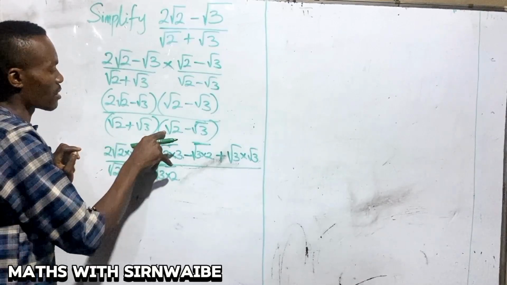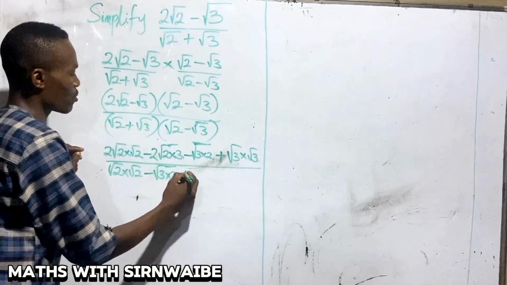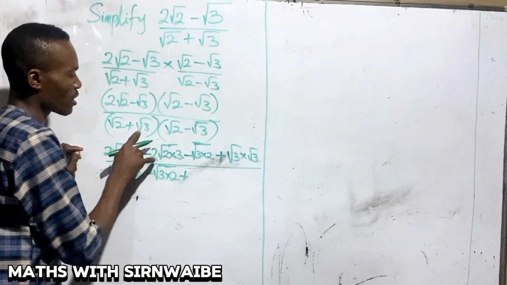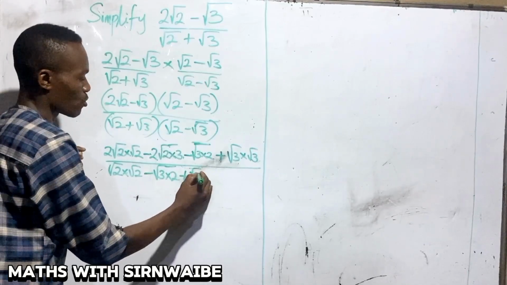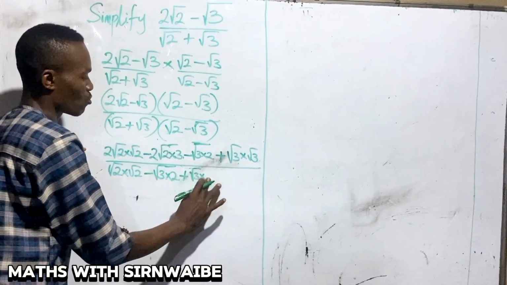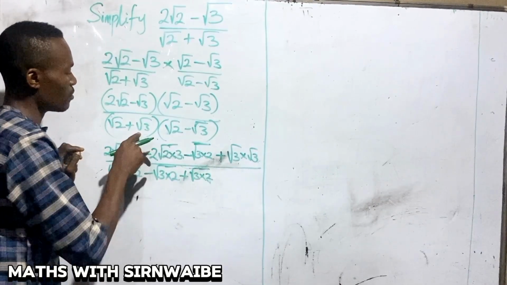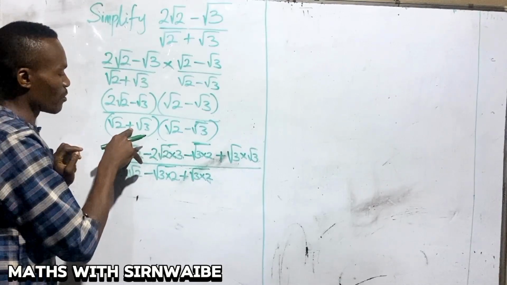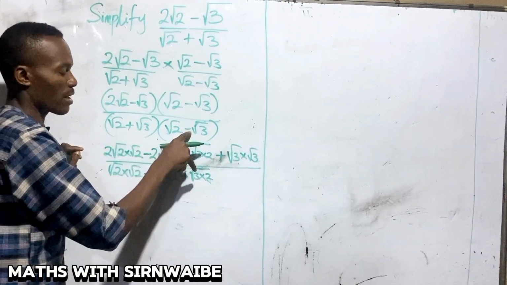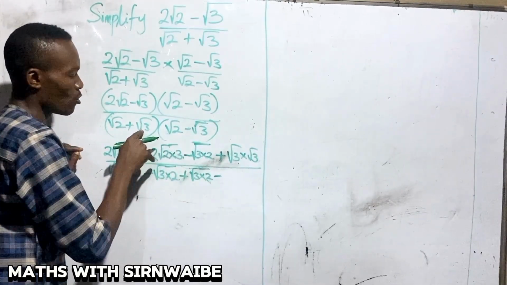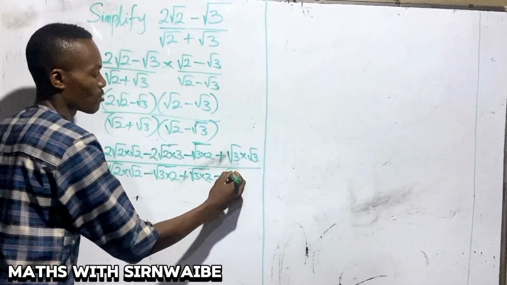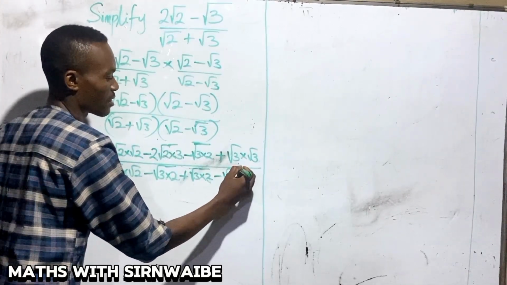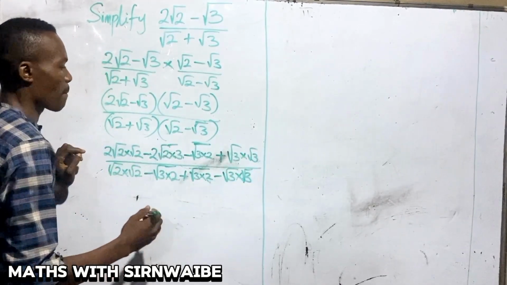Plus times plus will give us plus. We'll have √3 times √2. Then in the last phase of it, we have plus times minus, which will give us minus √3 times √3.